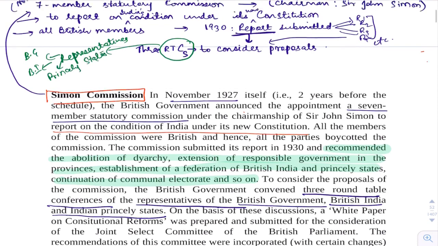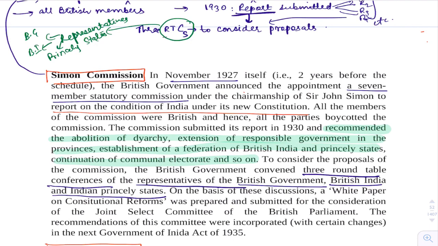I hope you are learning the art of making short notes. I really hope. तो ये round table conferences की बात हुई.